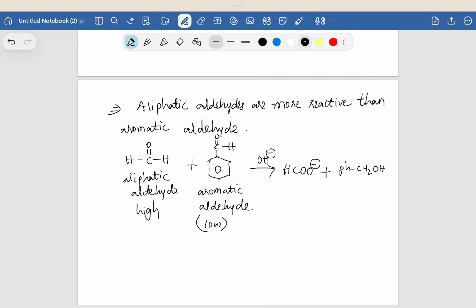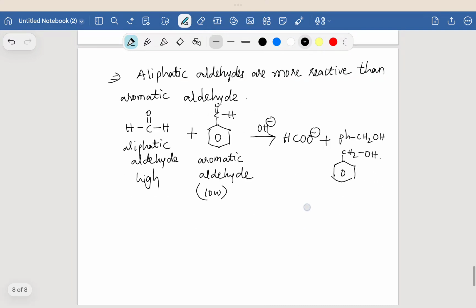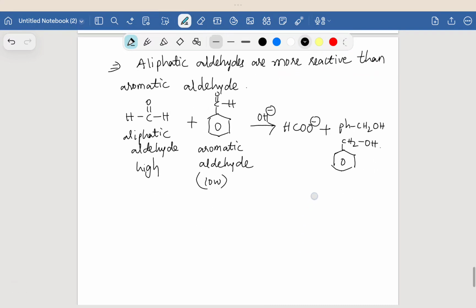We can write benzene as Ph; see the structure, this one is benzene. Next, CH2OH, benzyl alcohol, got formed. Here we get to know that aliphatic aldehydes are highly reactive and aromatic aldehydes are low reactive.